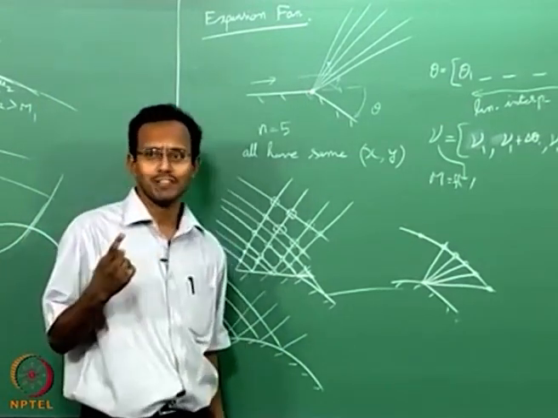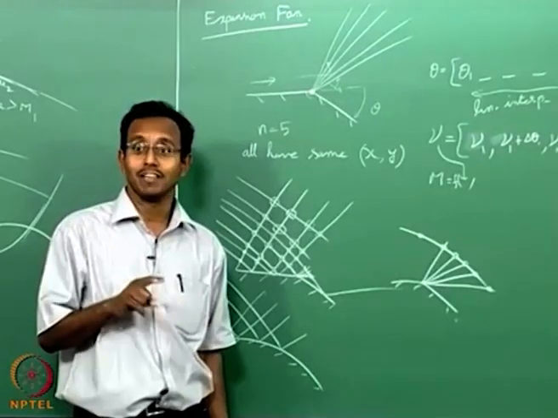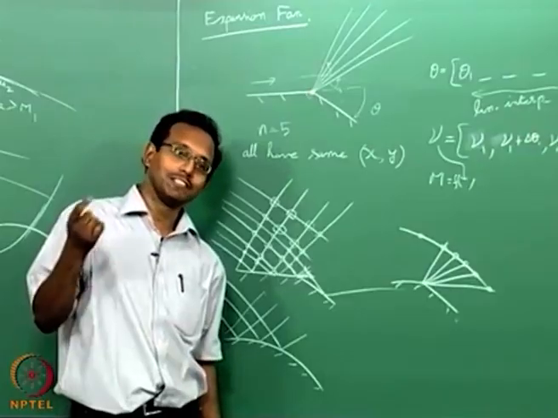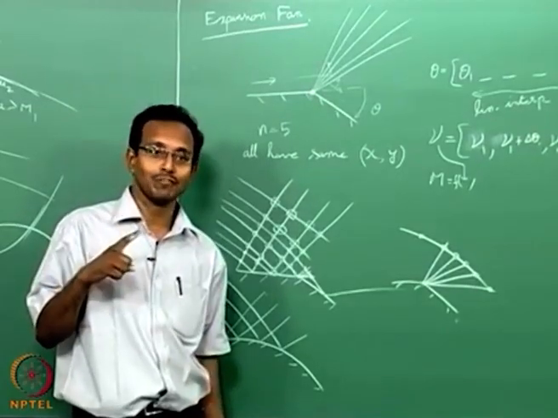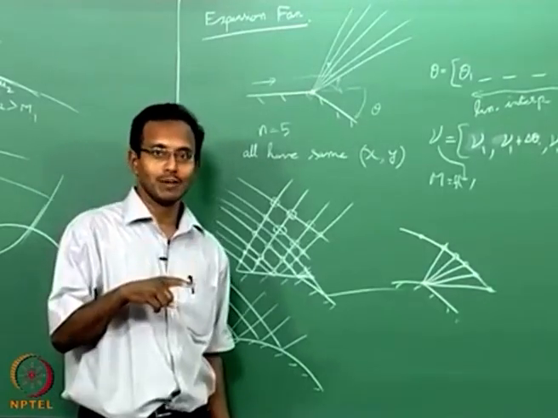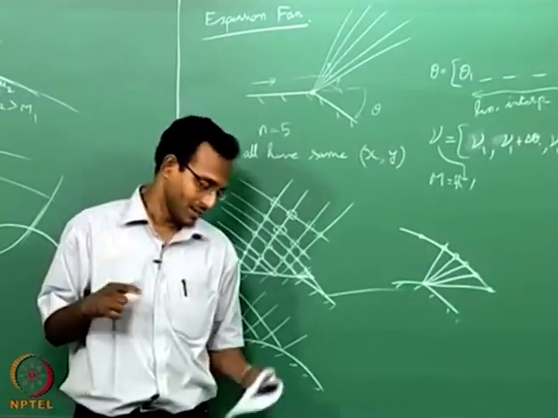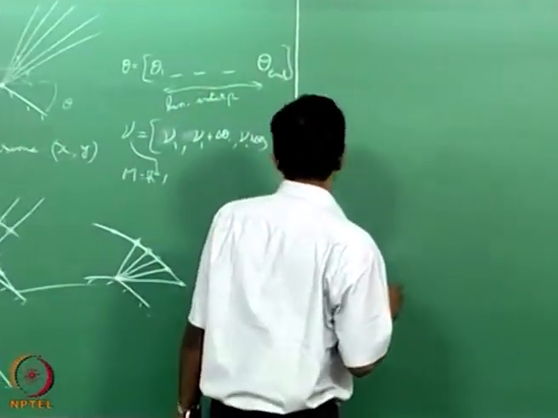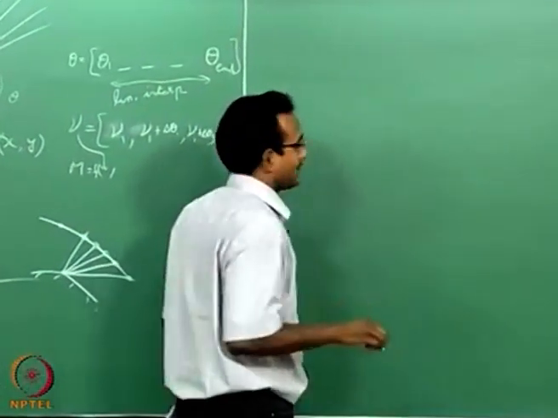If there is a shock, if there is subsonic flow behind the shock, we cannot solve it beyond that point. But if it is staying supersonic, say it is an oblique shock, weak oblique shock, then definitely I can solve it, okay. That is still a special case. But that is the only thing we can solve with method of characteristics.